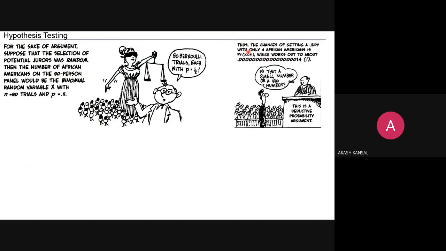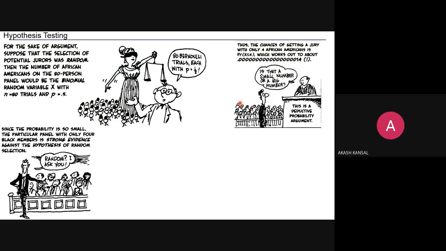Now, the lawyer argues that the chance of getting a jury with only four African Americans, the probability of x less than or equal to four, comes out to be a very small number, 0.0000 and so on, 14. So he says the chances are very small of getting jury members less than or equal to four.